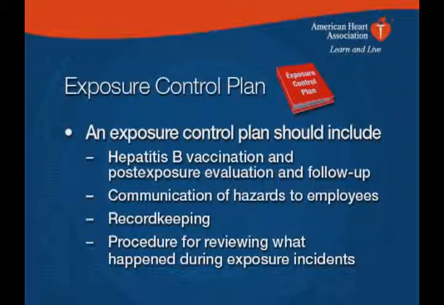An exposure control plan also includes hepatitis B vaccination and post-exposure evaluation and follow-up, communication of hazards to employees, record-keeping, and a procedure for reviewing what happened during exposure incidents.